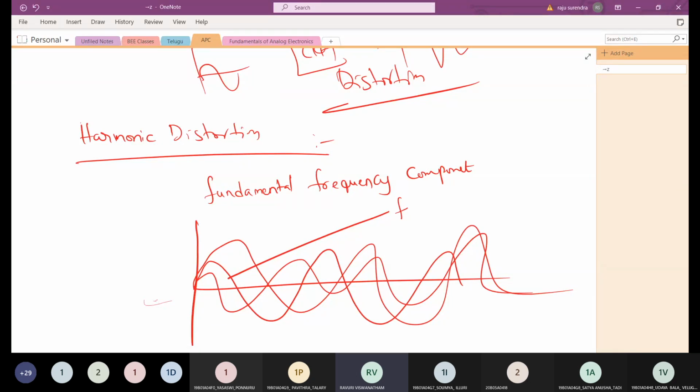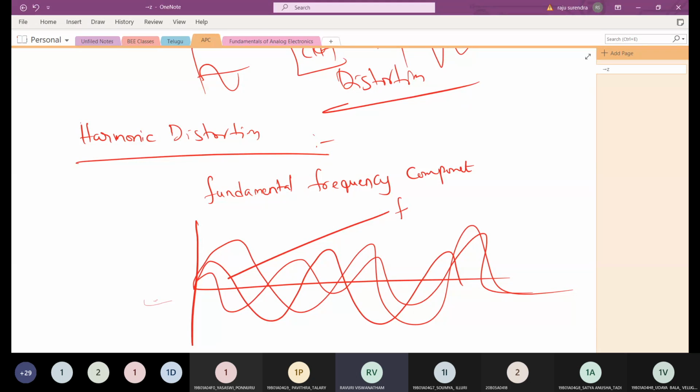All of you understood? So harmonic distortion means the same frequency components applied at the input are also available at the output, and in addition, some additional frequency components are present that are integer multiples of the fundamental frequency component.